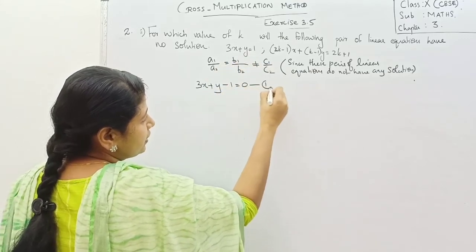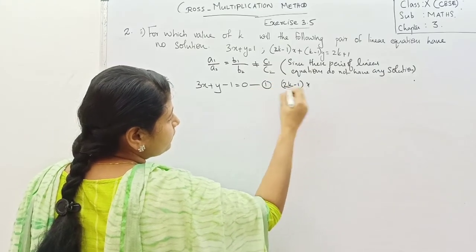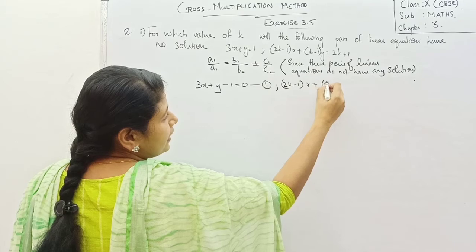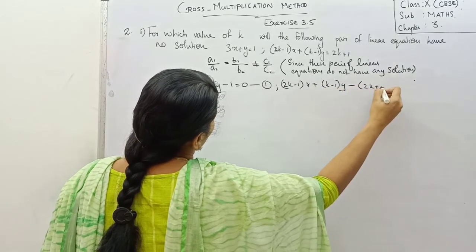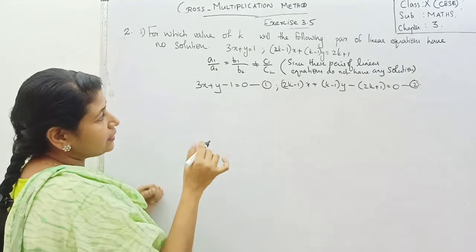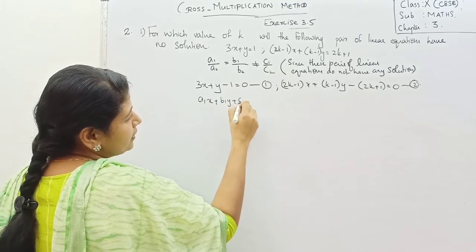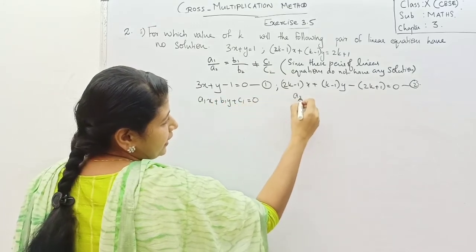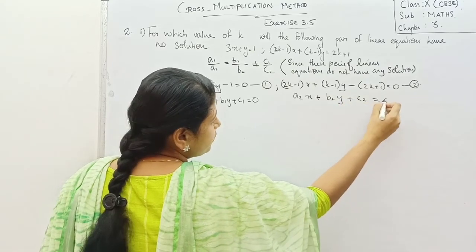This is your first equation. And (2k minus 1) into x plus (k minus 1) into y minus (2k plus 1) equal to 0. This is your second equation. Compare this with a1x plus b1y plus c1 equal to 0 and a2x plus b2y plus c2 equal to 0.